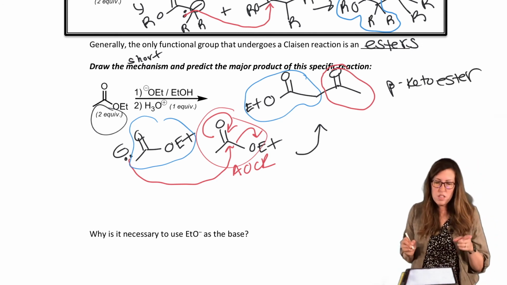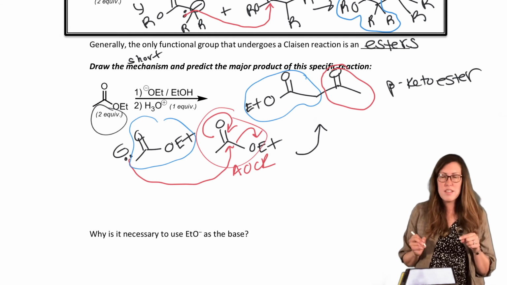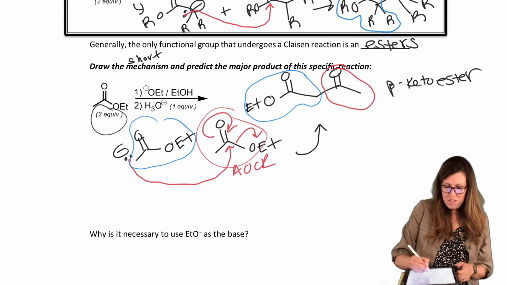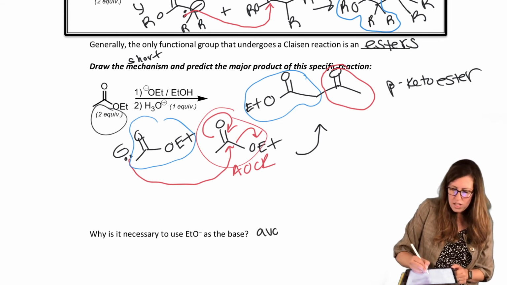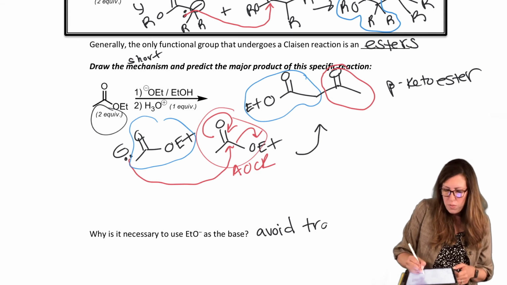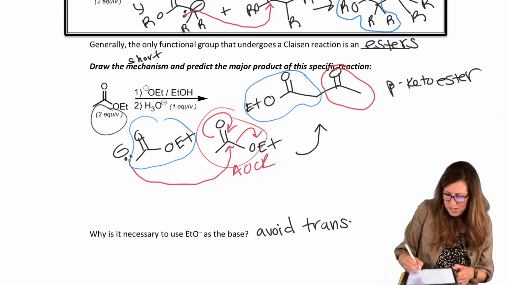Now notice our choice of base. It matches, you need to match. It matches the ester. Why? We don't want it to get messier. We want to be able to predict which ester we're going to have. So we don't want that thing called transesterification that we know esters can do.